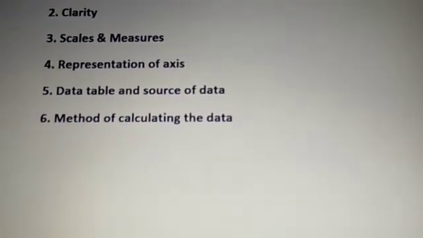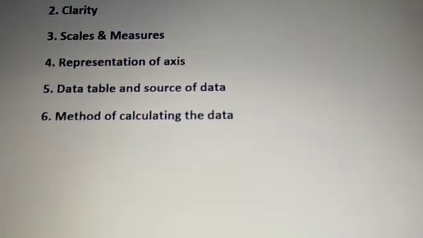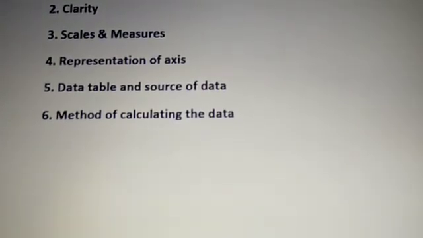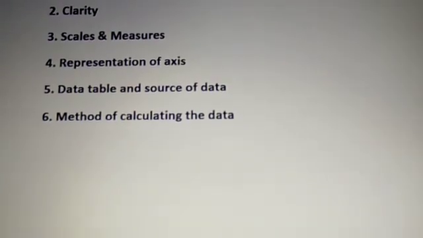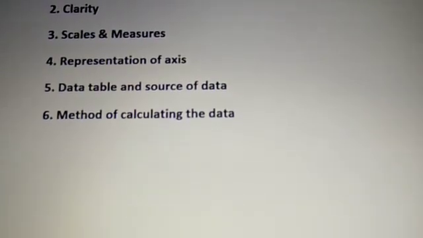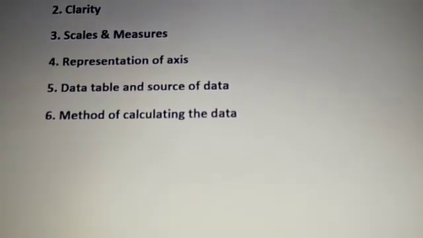Whatever figures, whatever numbers are there, have to be presented on the x-axis and the y-axis, and then the graph is made properly. So that is the method of calculating the data, that is the data table, which in other words is the source of data for making the graph.